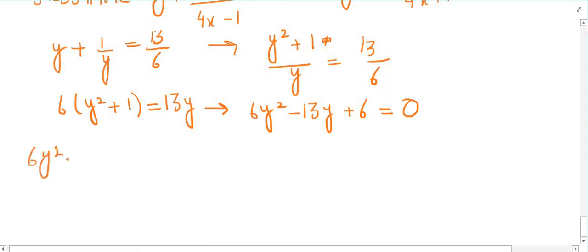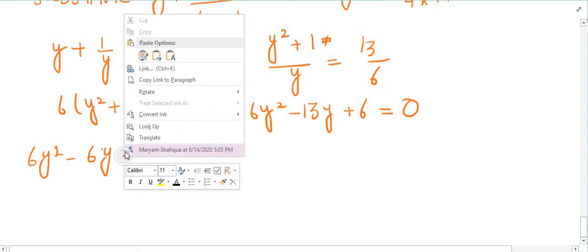6y square minus 6y. No, 6 times 36, so the roots are 9 and 4.